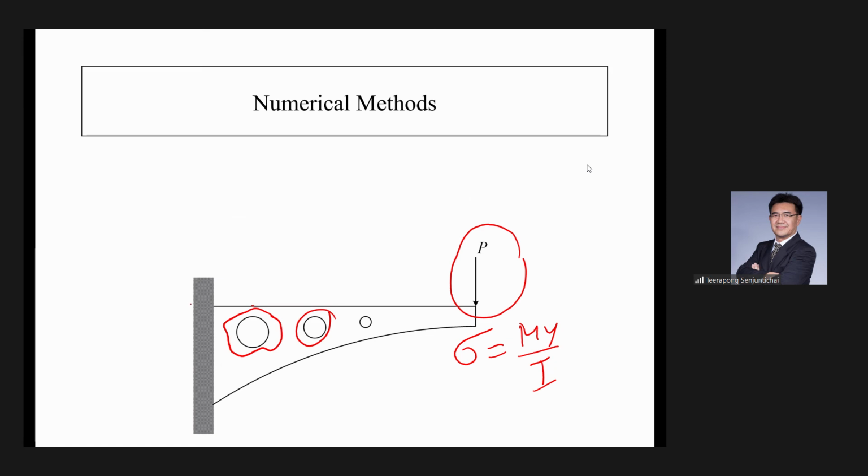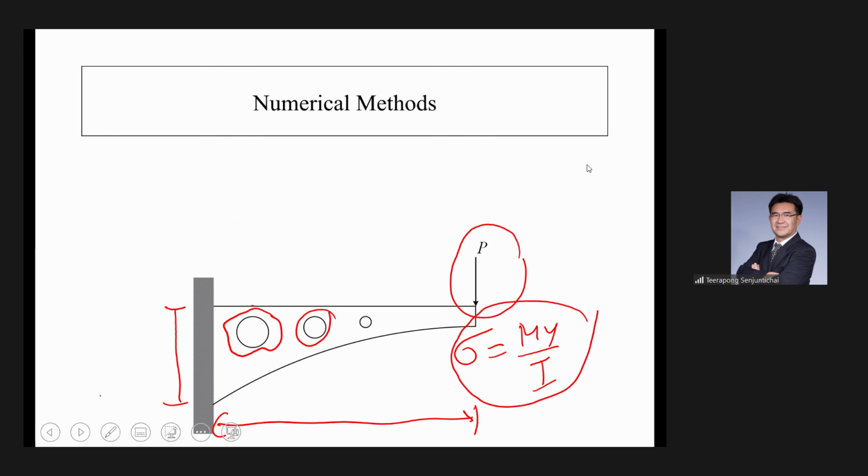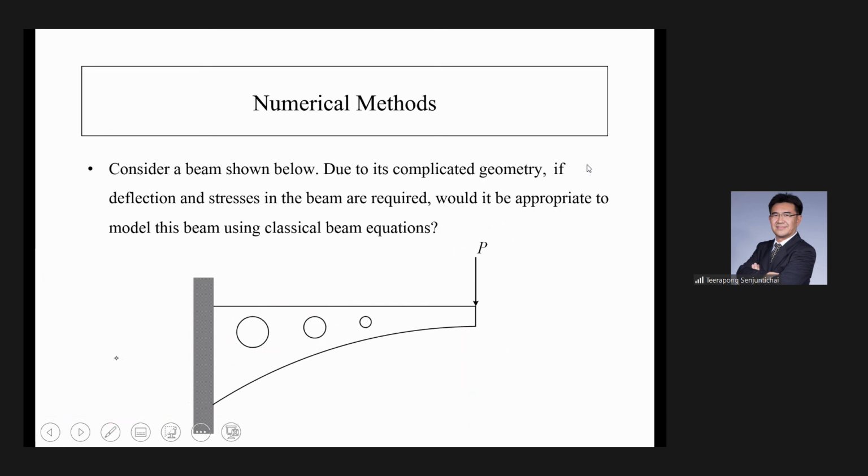But if this is really thick compared to the length, we have to think about the accuracy of this formula also. So in this case, if you want to find accurate stress, maybe the classical beam solution will give you a certain solution, but is it accurate enough? I don't know, especially if you want to find the tip deflection, right?